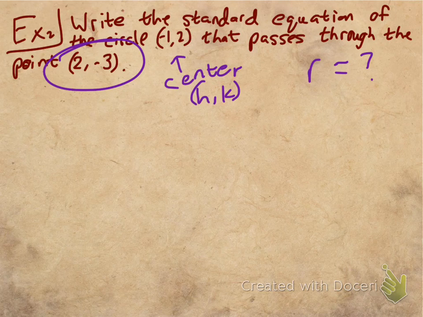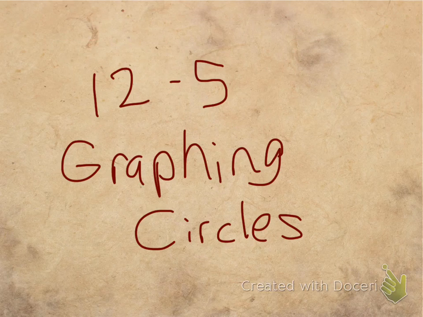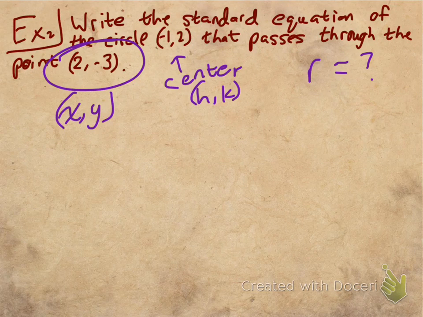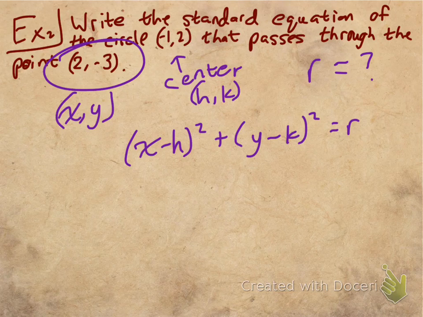Well, this point that they give you, we're going to substitute for x and y, because if you remember from the original little proof thing that we had here, the point that it passes through is x comma y. So we end up with, again, I'm going to write it just so you're used to seeing it, (x - h)² + (y - k)² = r².